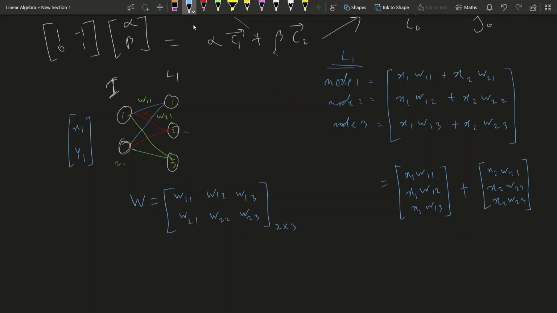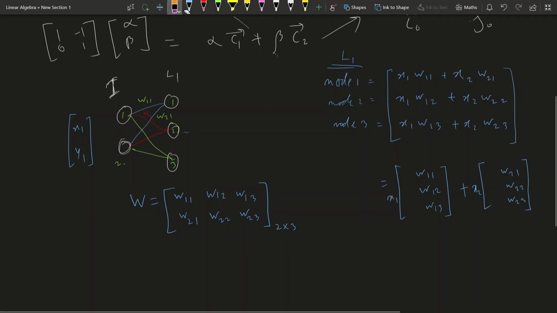Here I can take all the x1 common, and this will be this vector multiplied with scalar x1. Similarly here I can take x2 common, and I can erase this whole thing, right?